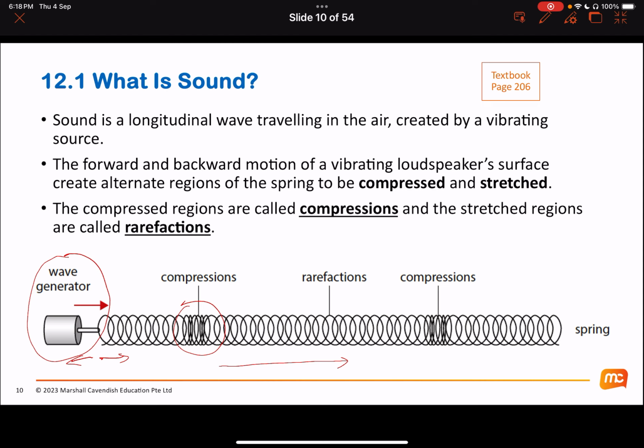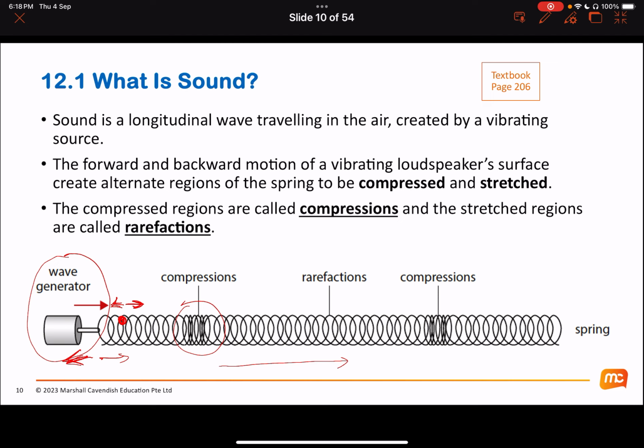Now, since the particles on this coil are moving in a horizontal direction, when the wave generator pushes it forward, the particles will move forward. And when the wave generator pulls back, it will pull the particles backwards again.